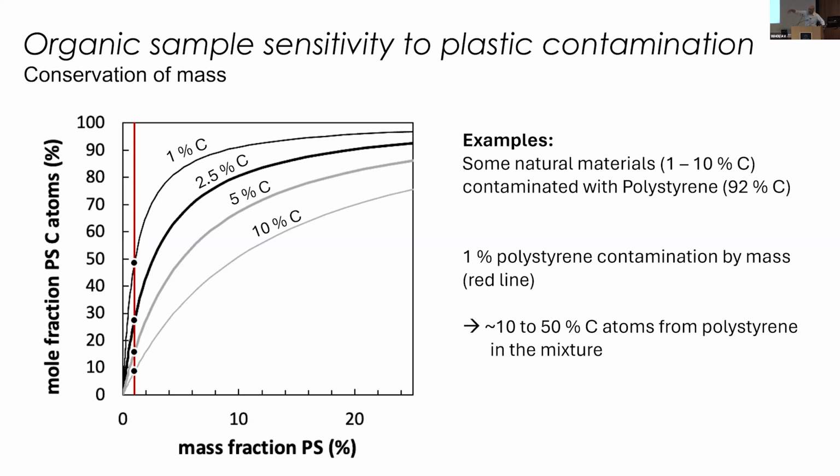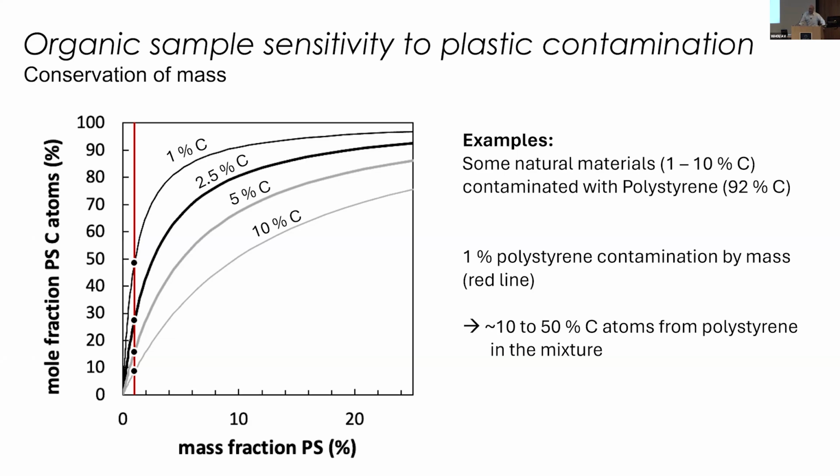And each of these curves is sort of different hypothetical sediments. So the top one is saying that the uncontaminated sample of sediment comprises only 1% carbon. And a few other cases from 1 to 2.5 to 5 to 10.